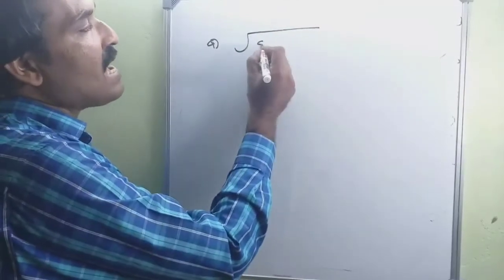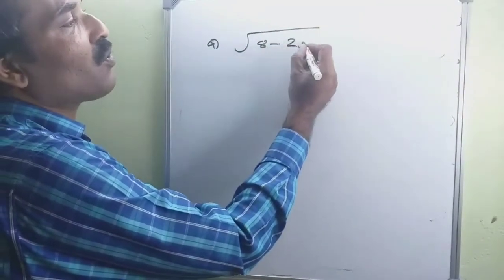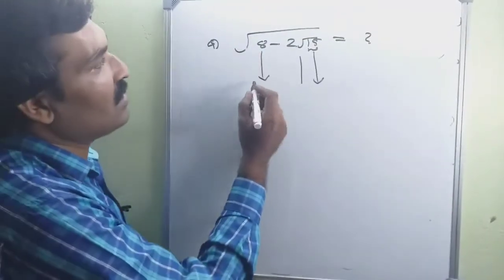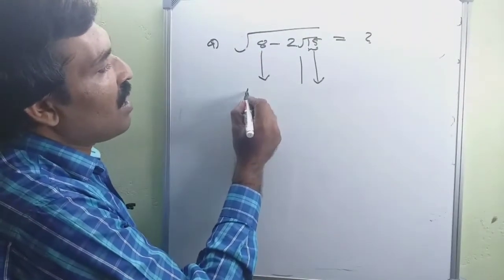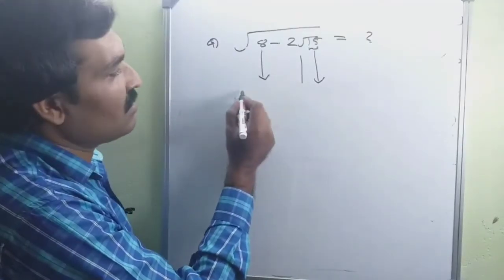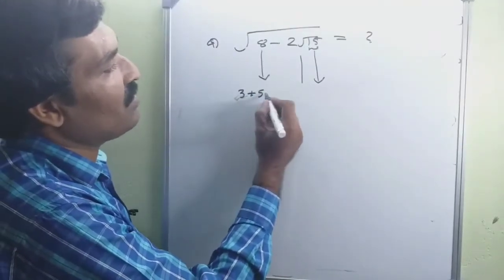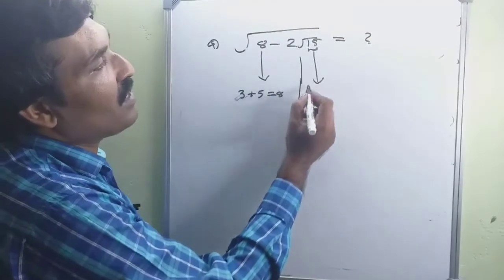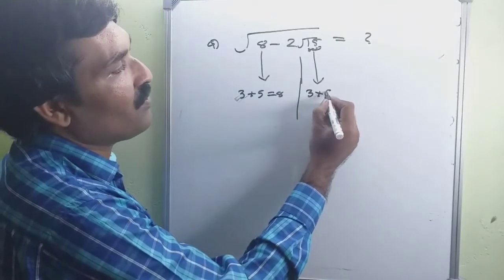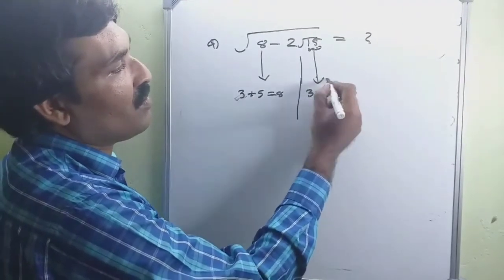Root of 8 minus 2 root 15 is equal to? Question. Two numbers alpha and beta such that the sum is equal to 8. That means 3 plus 5 is equal to 8. Now find two numbers whose product is equal to 15. That is 3 into 5 is equal to 15.